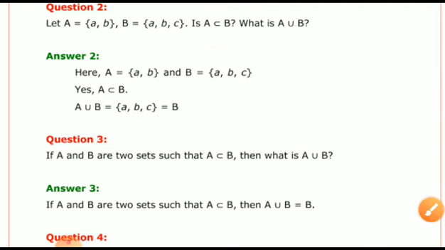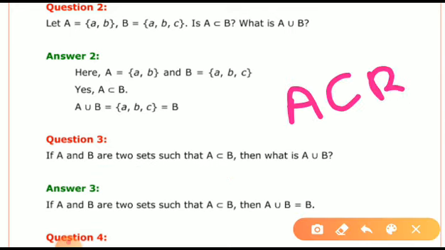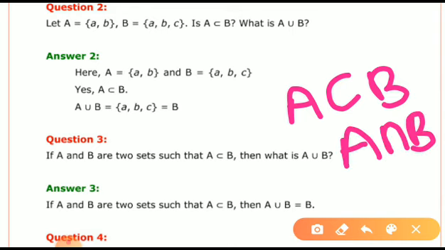The next is, if A and B are two sets such that A is a subset of B, then what is A union B? That is what we have said. If A is a subset of B, then A union B will always be B itself. Now, if A is a subset of B, what is my A intersection B?